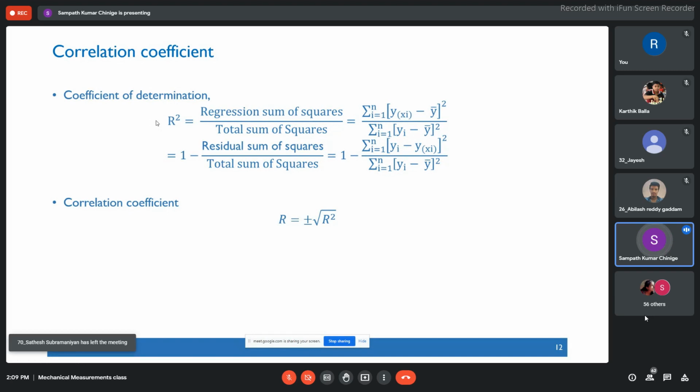So the correlation coefficient is nothing but plus or minus square root of r square. Okay, so that will give you the correlation coefficient and coefficient of determination. Coefficient of determination means whatever the fit that you have got, you have to make sure that the fit gives you an r square value close to 1, like 0.97, 0.98, 0.99.